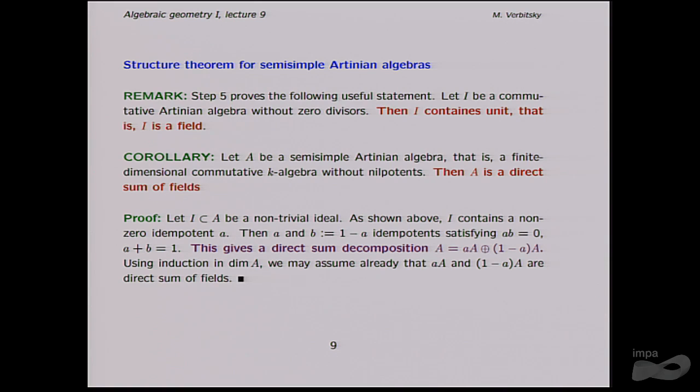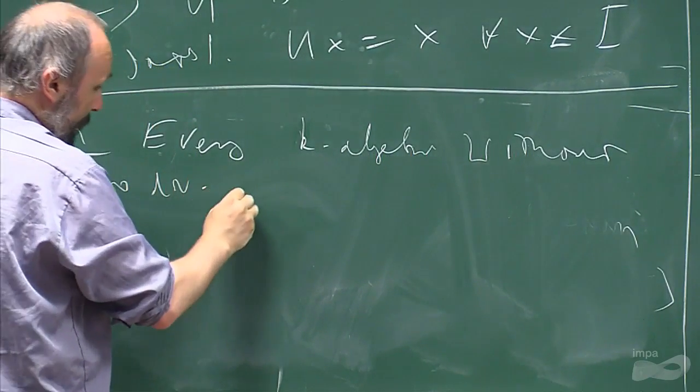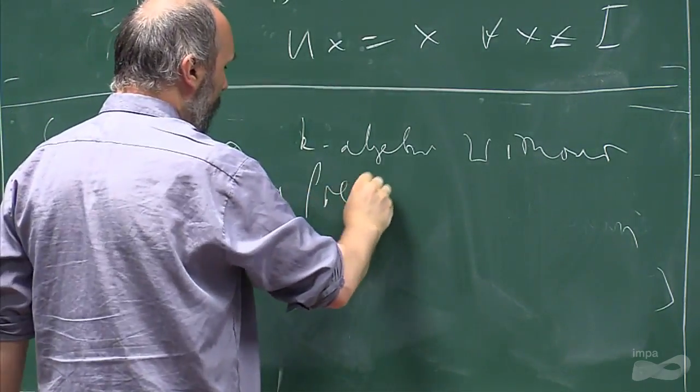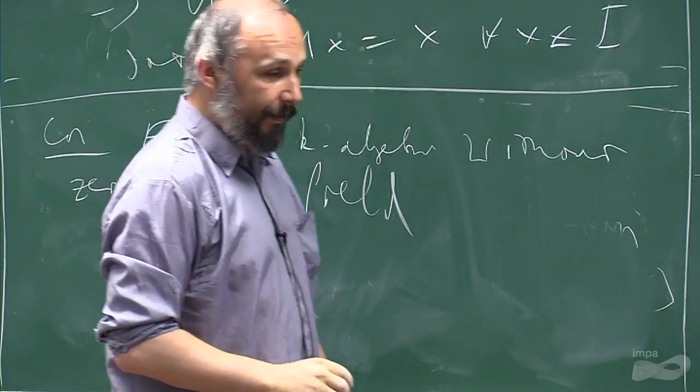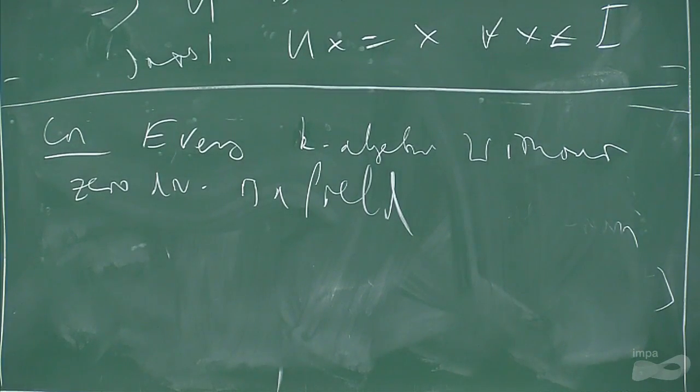So corollary: every K algebra without zero divisors is a field. Well, it contains a unit, so all elements are invertible. Well done.